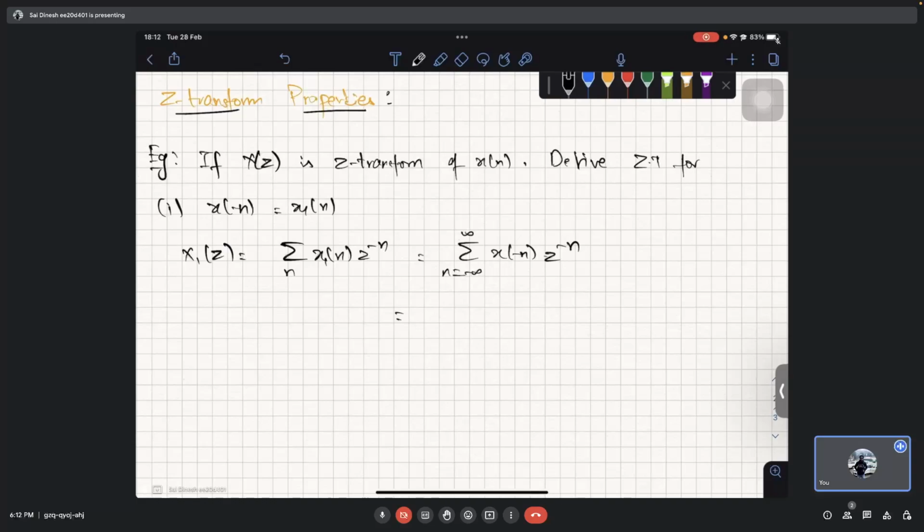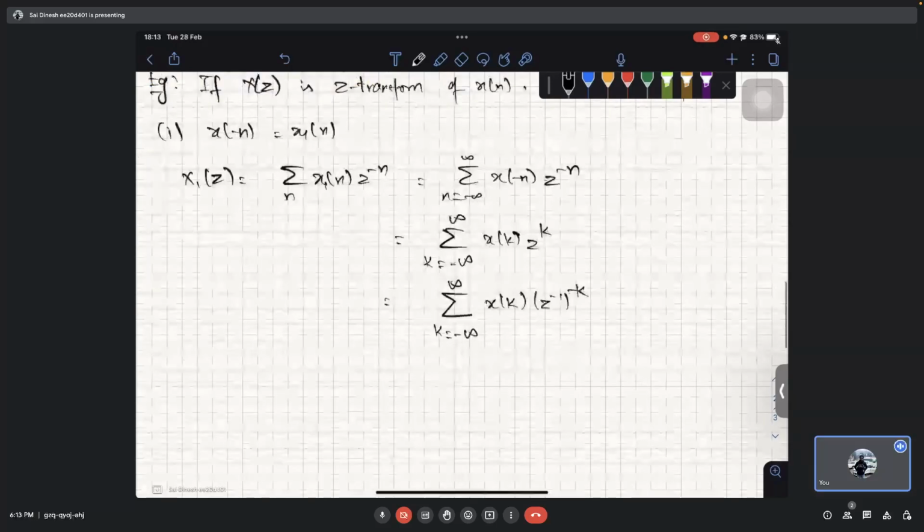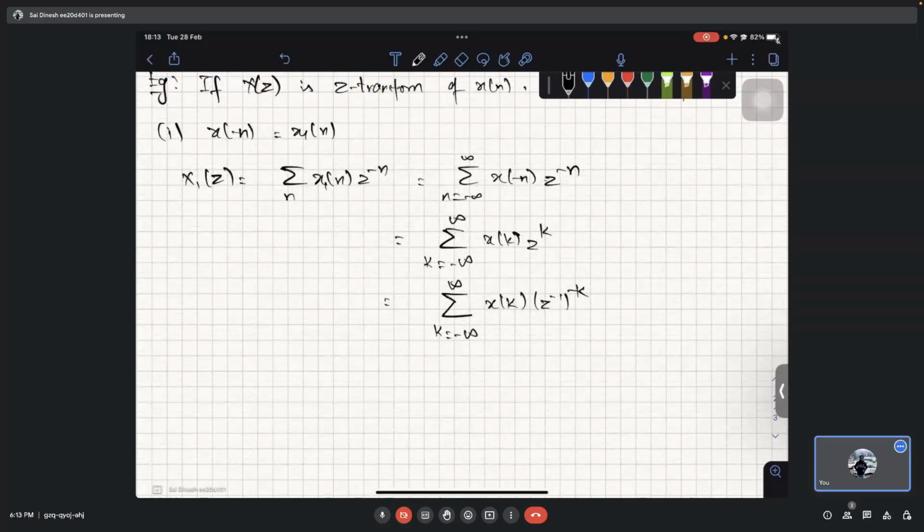So if we do a change in the variables, then we have the sum over k equal to minus infinity to infinity of x(k) z^k, which in turn can be written as the sum of x(k) (z^(-1))^(-k), right?